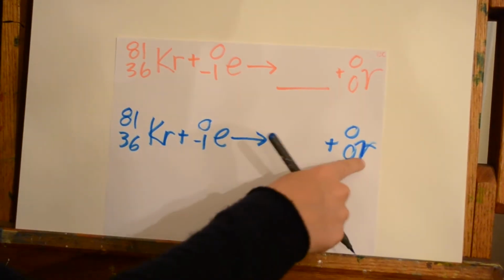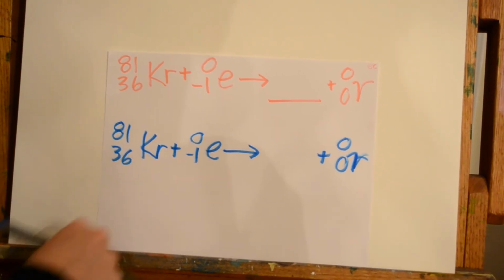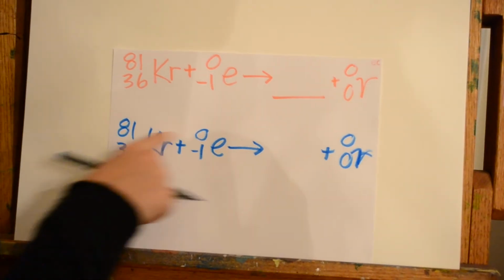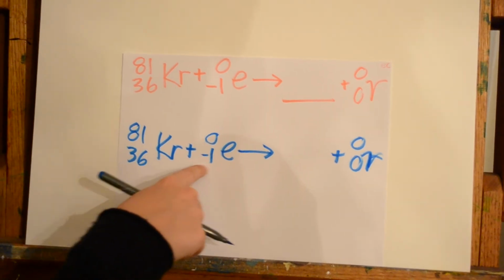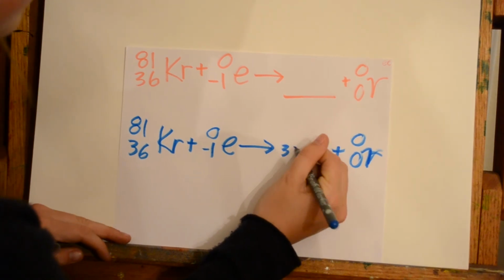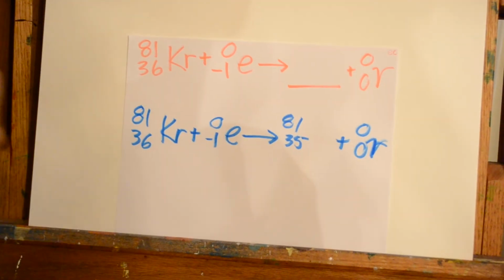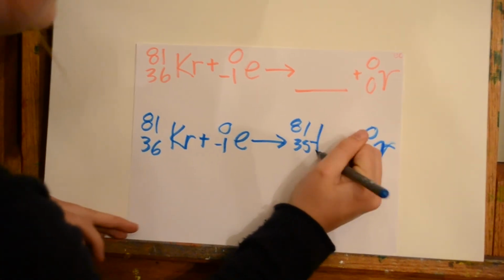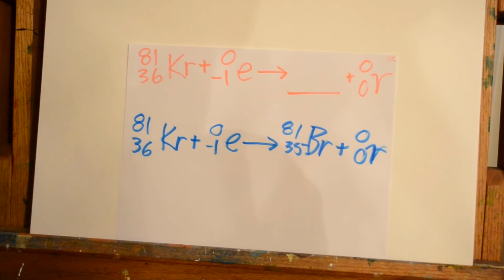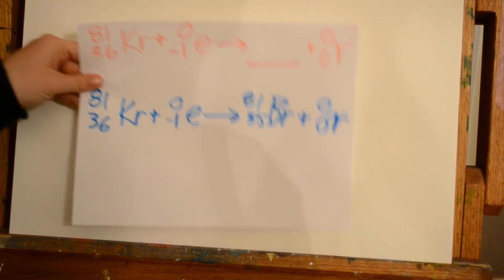And because gamma rays are 0, you can't subtract anything from this side, but you have to add these together. So 36 plus -1 is 35. 81, because that's a 0. 35 on the periodic table is Br. And those are how you balance different types of radioactive nuclear equations.